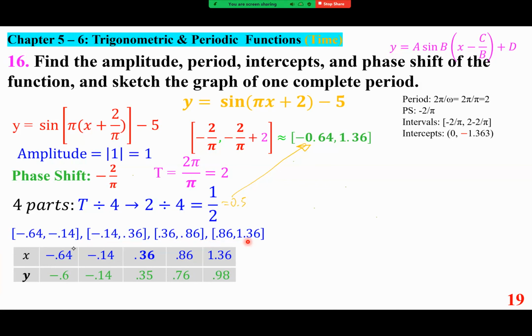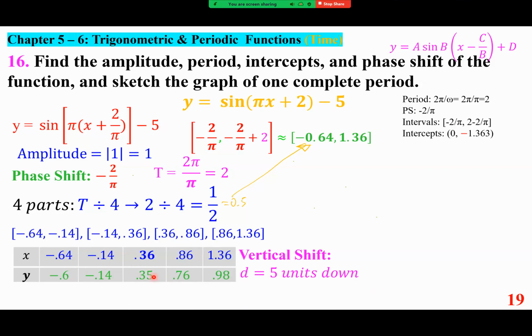Now we plug in those values into the original function. We evaluate them if need be using a calculator, and then don't forget there is a vertical shift, 5 units down.